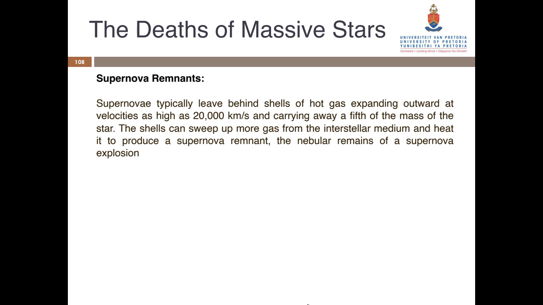Supernovae typically leave behind shells of hot gas, expanding outward at velocities as high as 20,000 kilometers per second, and carrying away a fifth of the mass of the star. The shells can sweep up more gas from the interstellar medium and heat it to produce a supernova remnant, the nebula remains of a supernova explosion.